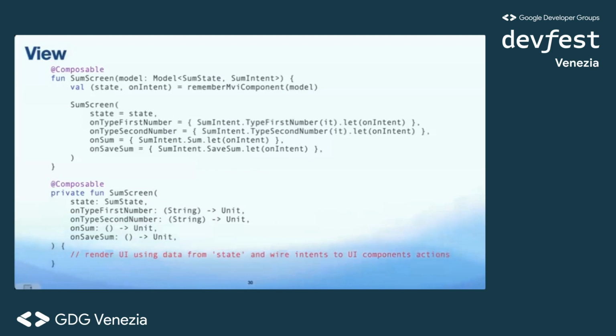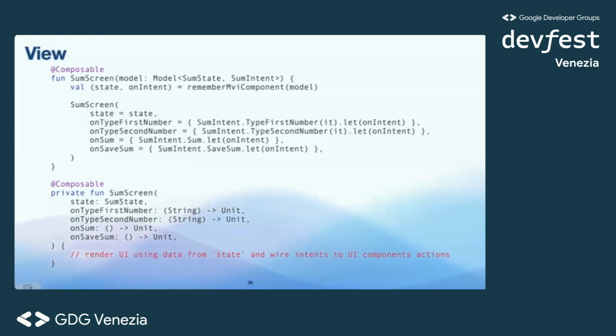Finally, we reach the view, and here we're using Compose because it's reactive and binds perfectly with MVI. We have a composable function, and it takes as input the model, based on some states and intents.